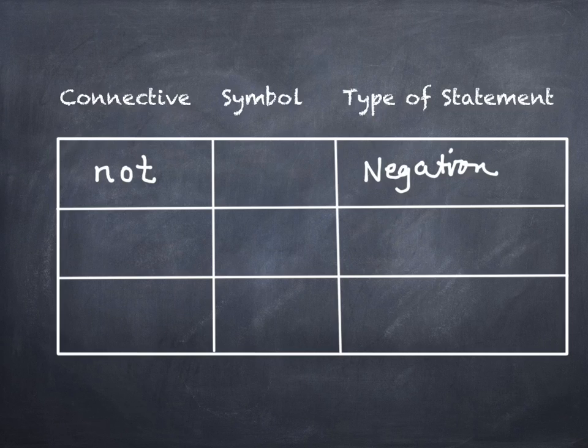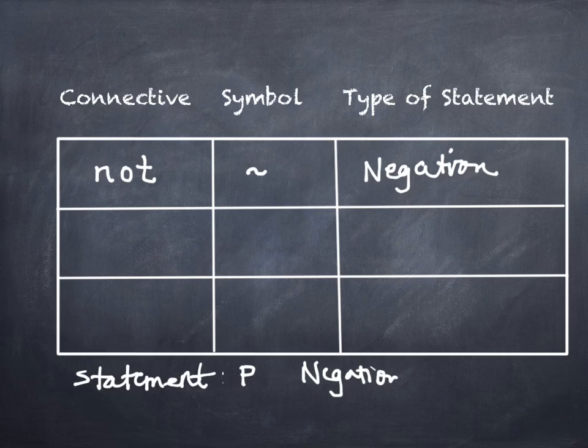When we introduced that not, we've created several negation statements now. The symbol that's used for a negation is a tilde, just like on the keyboard. So if you had a statement, for instance, that looked like P, then its negation, the opposite of it, would be written tilde P.